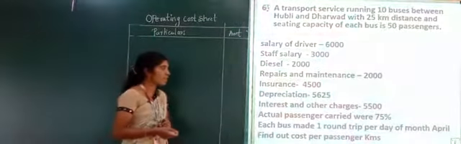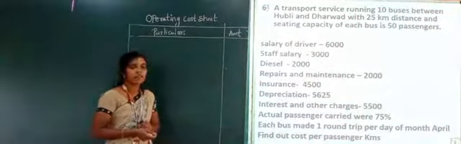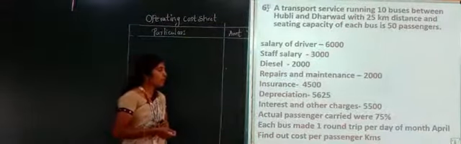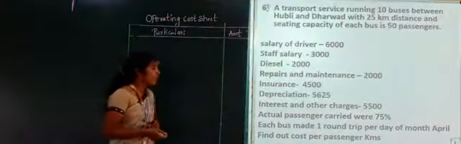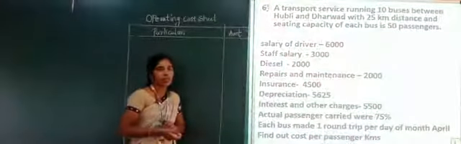Actual passengers carried were 75%. Each bus made one round trip per day for the month of April. Find out the cost per passenger kilometer.